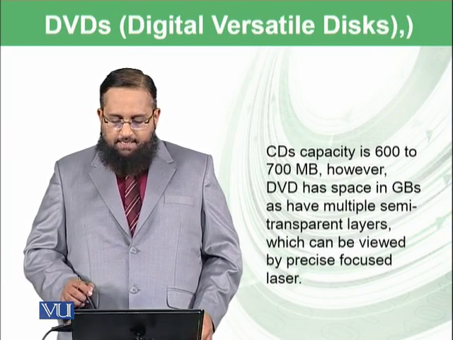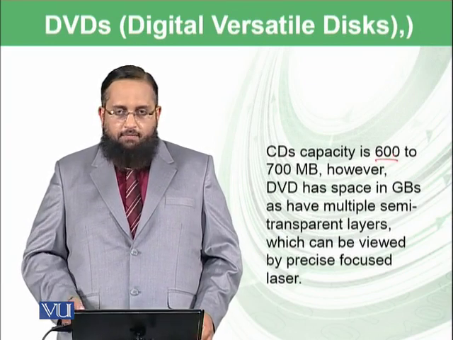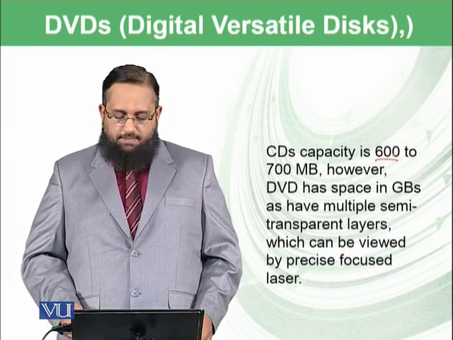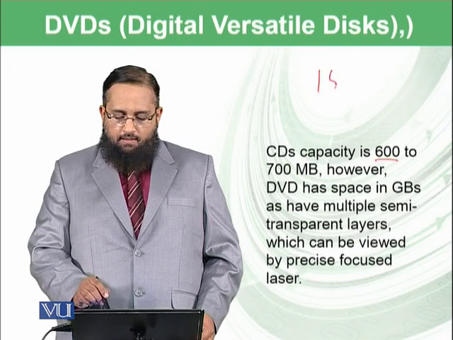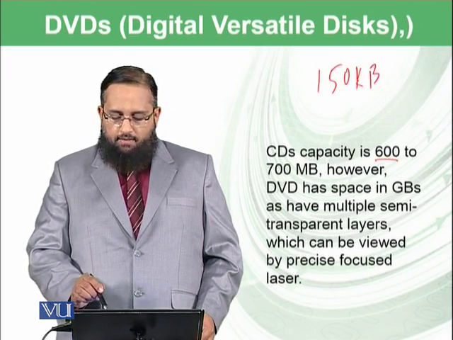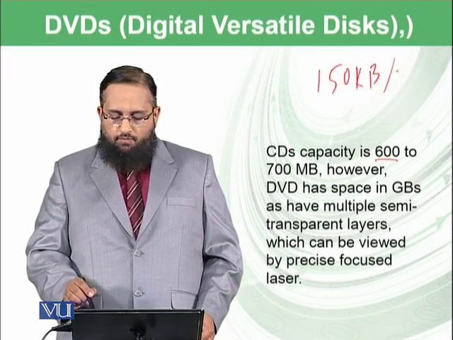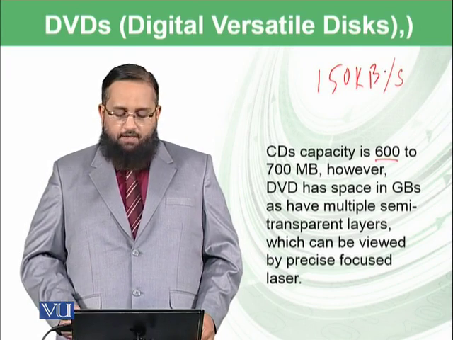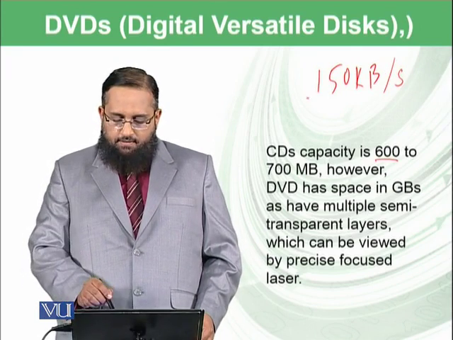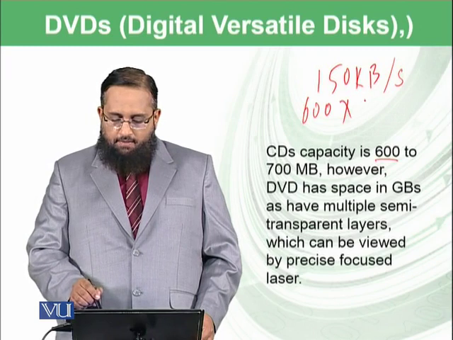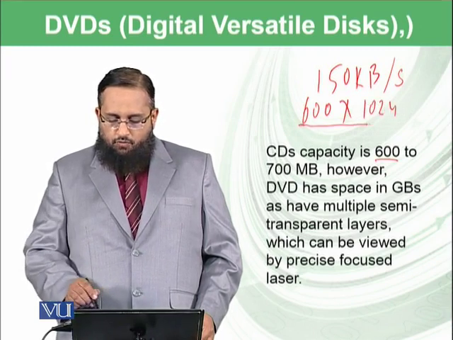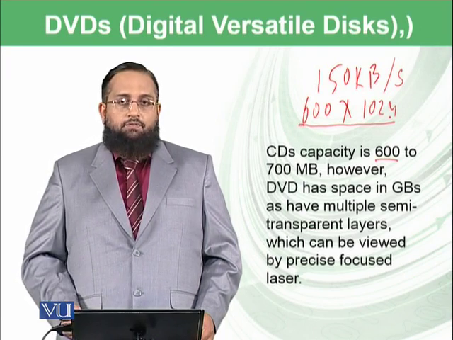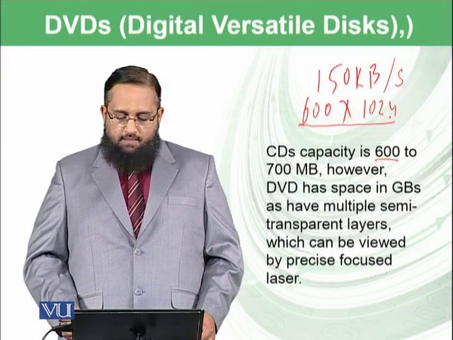CD capacity is 600 to 700 megabytes. You can now calculate: you need 150 kilobytes to store one second of data, so you can divide 600 multiplied by 1024 by 150, which is for 1 second, to get the number of seconds you can store on the CD.